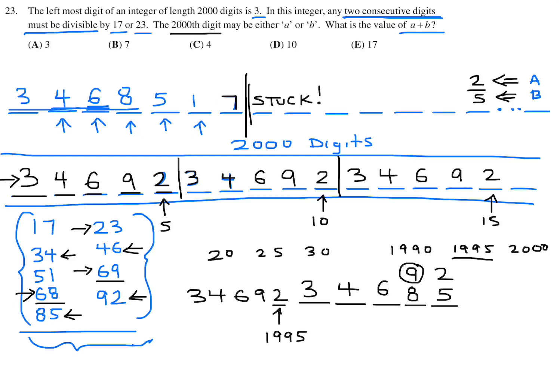I will get stuck once I get to the 7. So this is a very good question, very intelligent question, one of my favorites actually. So finally, what is A plus B? Well, A plus B is 2 plus 5, which of course is equal to 7. So the answer to number 23 is B.